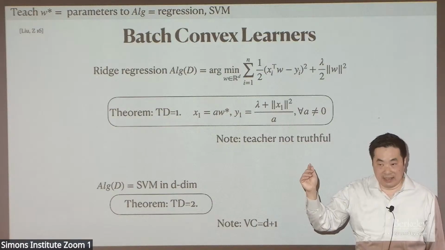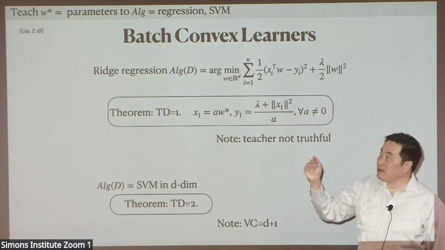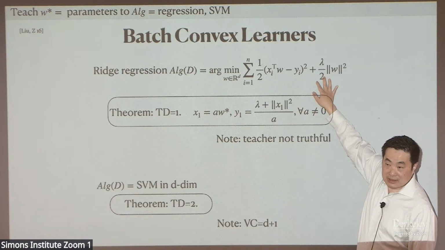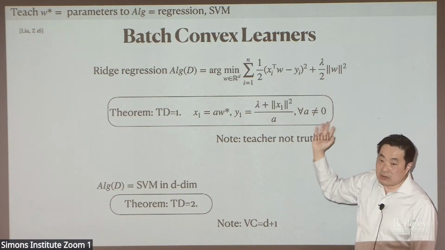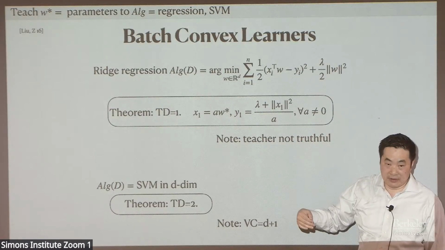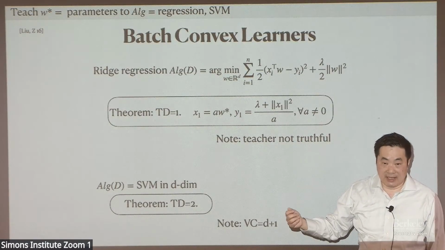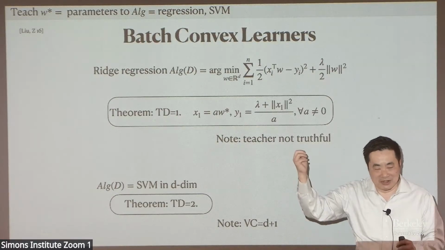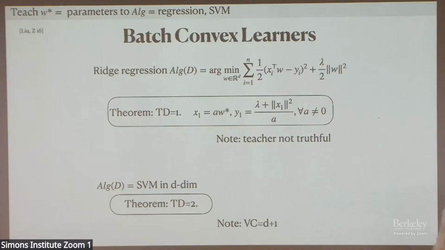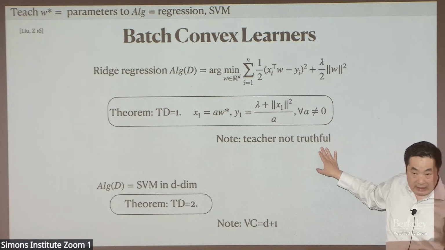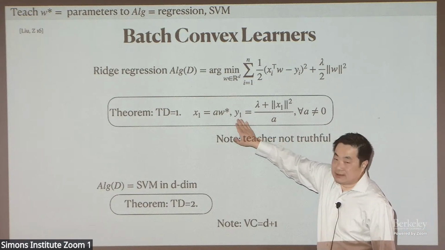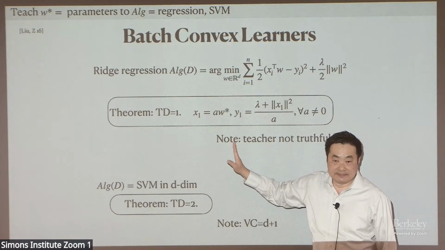It is slightly off. Why? Because the teacher has to anticipate this regularization. The regularization pulls the w estimate toward 0, and the teacher is counterbalancing that. It's anticipating that, designing a y that's slightly larger so that it gets pulled back. You could do that. And notice here, the teacher is not truthful, meaning that the teaching item's label y1 is not on w star.